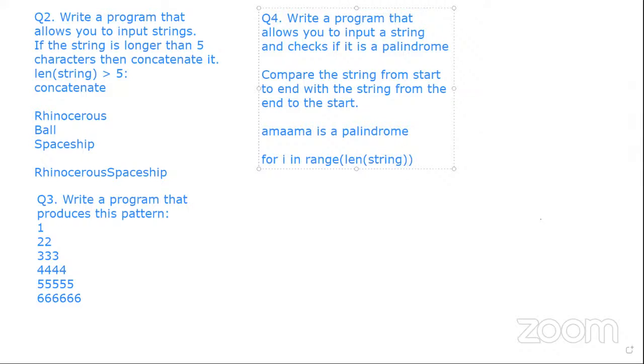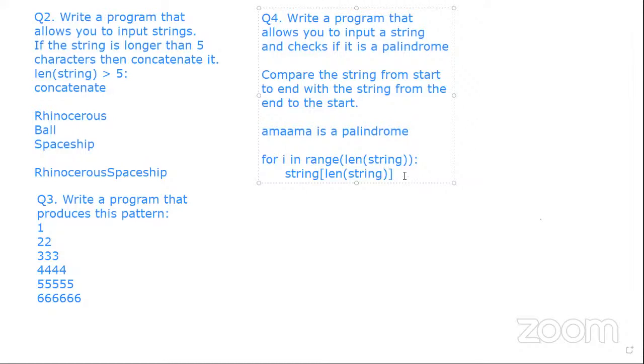Okay, like so. And then remember with the substring, remember how to use a substring, guys. It's very important for this question.